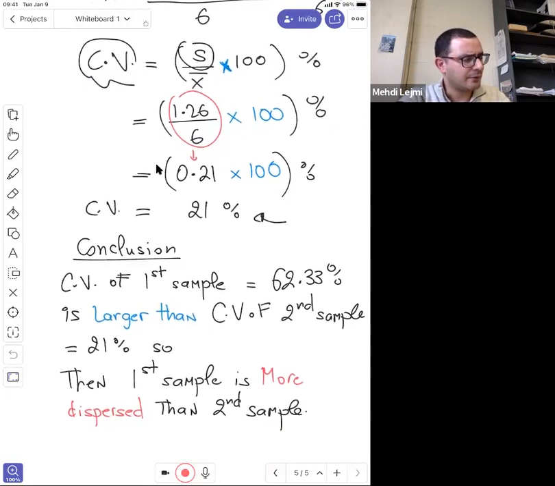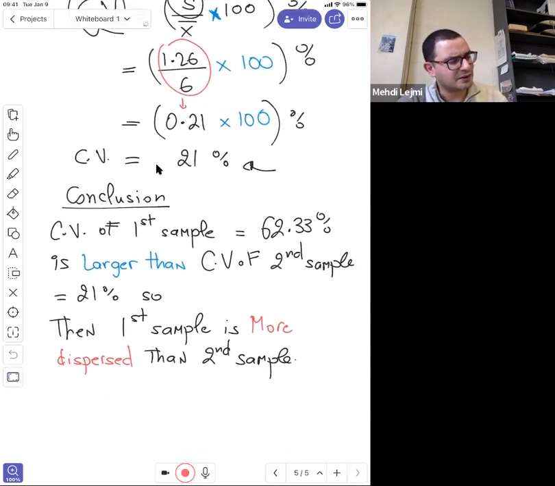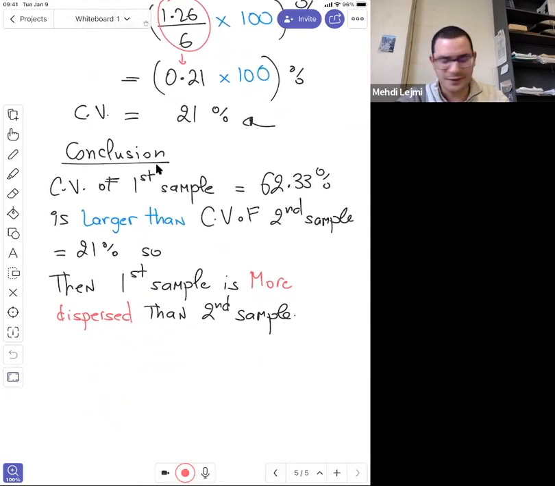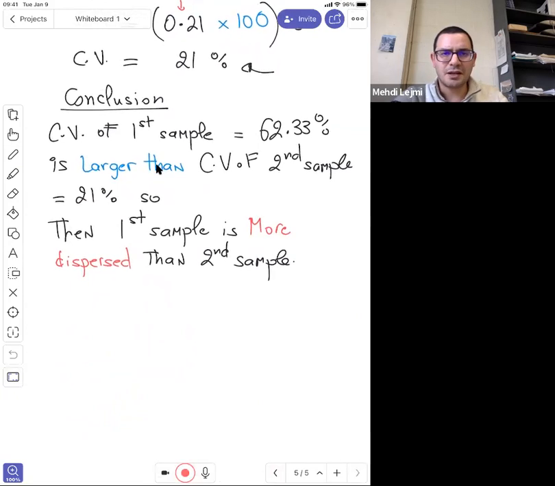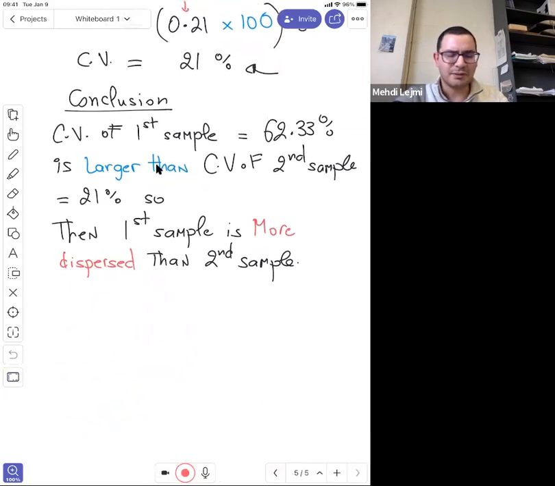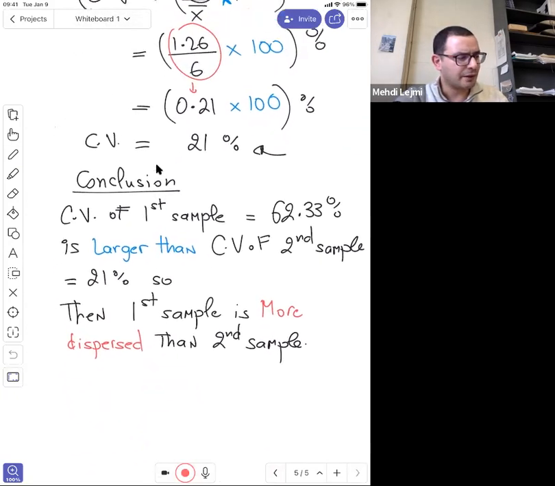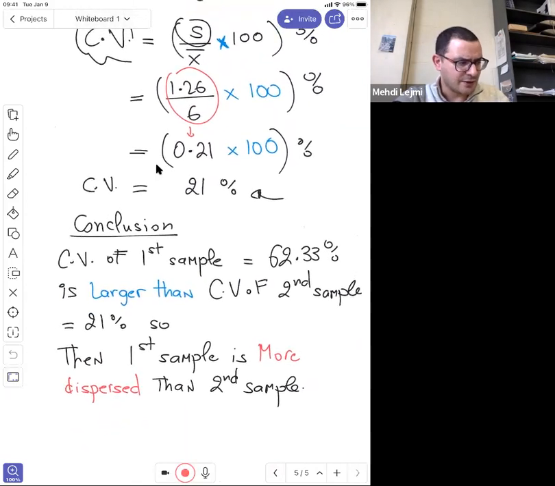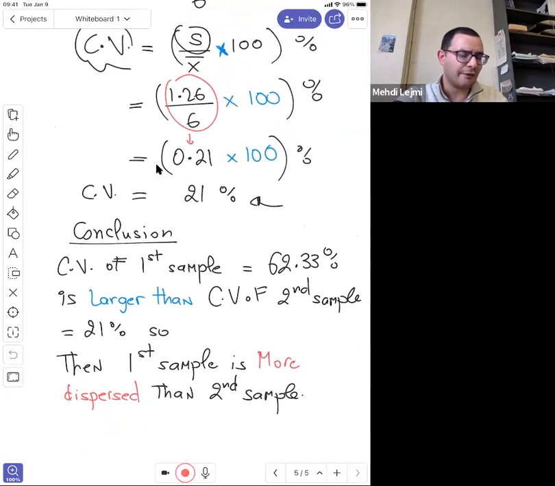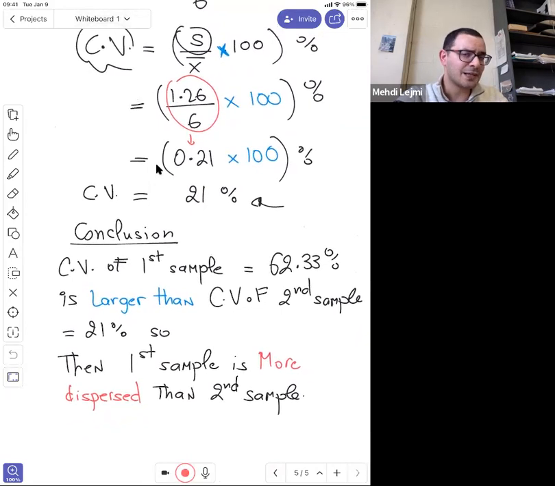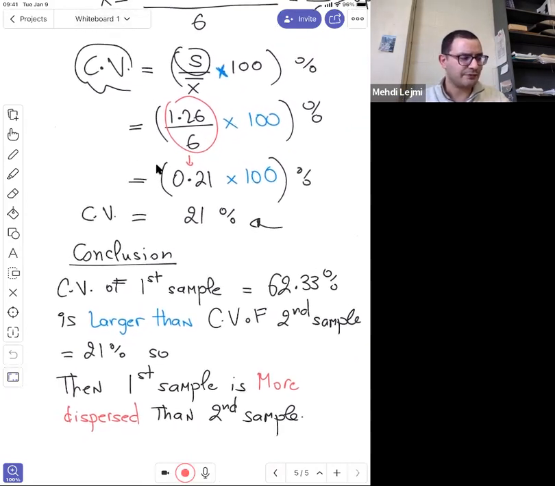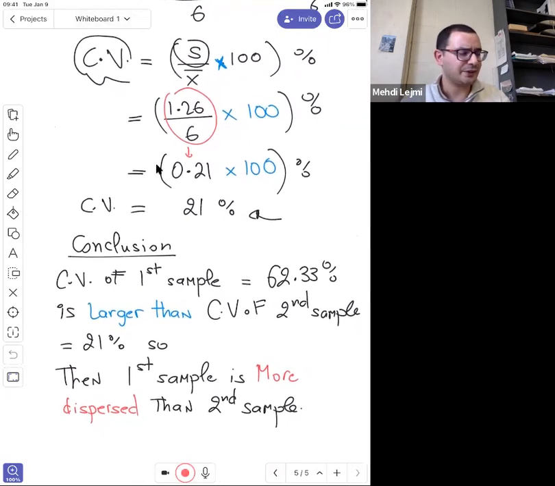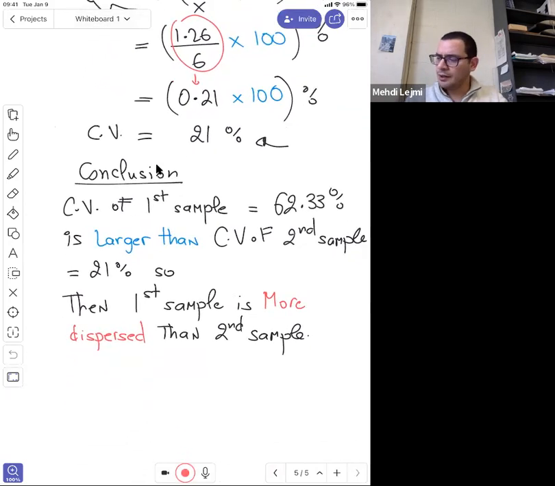So I don't think we really need to practice this, unless someone has a problem and is confused about this formula. But I think it's straightforward. Once you have your S, your standard deviation, and X bar, the formula is straightforward. Just divide and then multiply by 100.